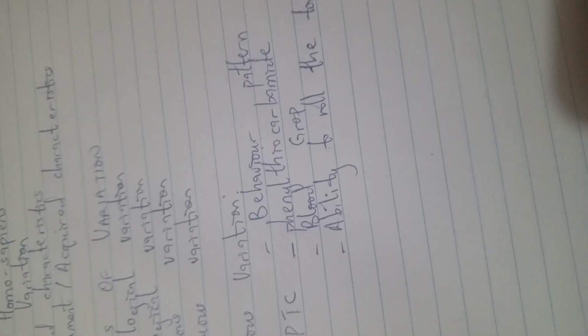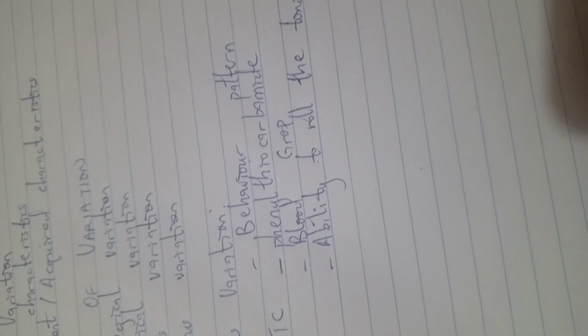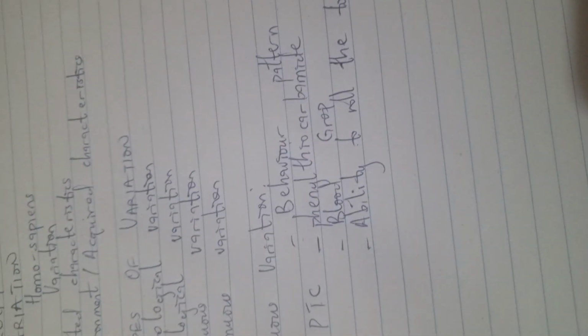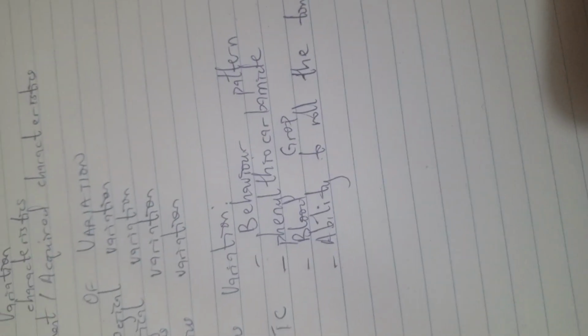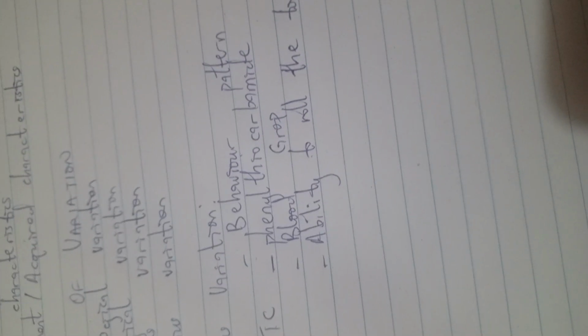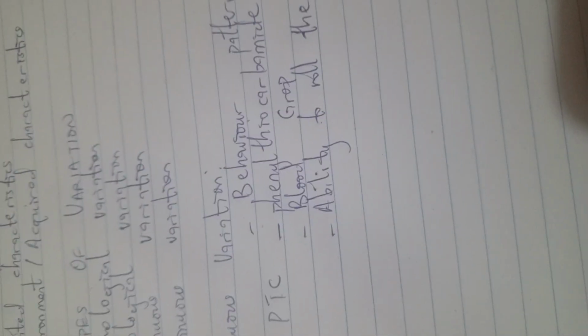So they are not like morphological variation. They are internal characteristics or internal distinctions, which include behavior pattern, ability to test phenylthiocarbamide PTC, blood group, and ability to roll the tongue.